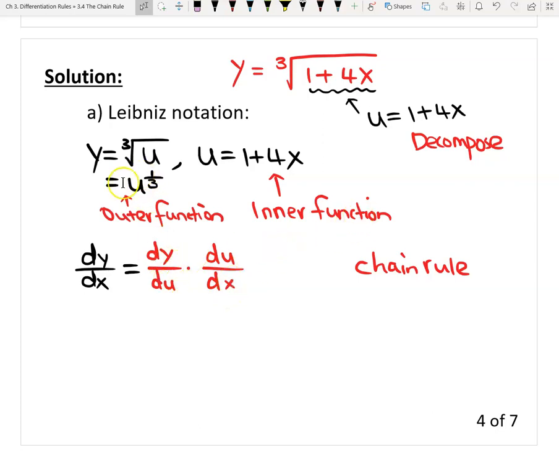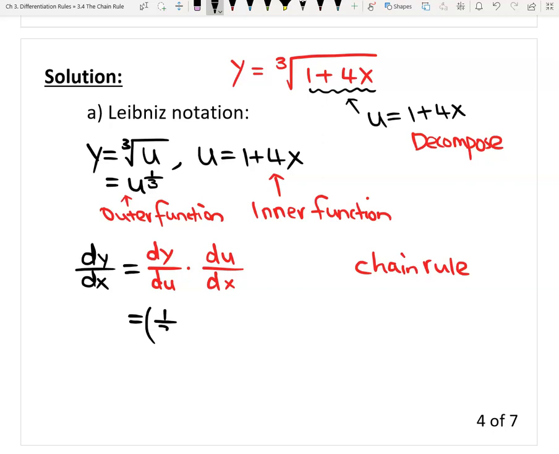The derivative of the outer is here. What is the outer function? u raised to the 1/3 power function. Easy, the easiest one. So I'm going to write what we have. How do we take a derivative of a power? Take the power down, right?